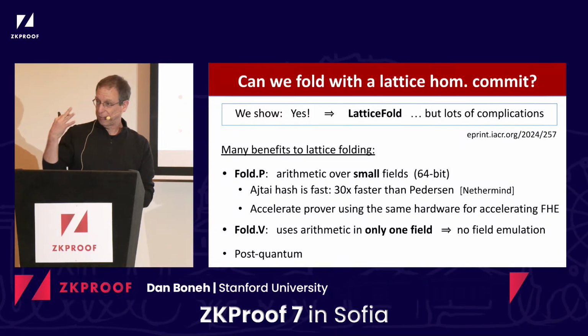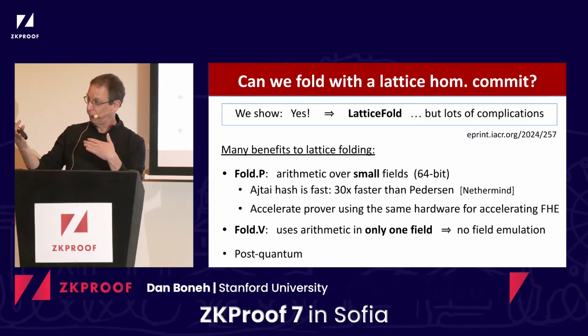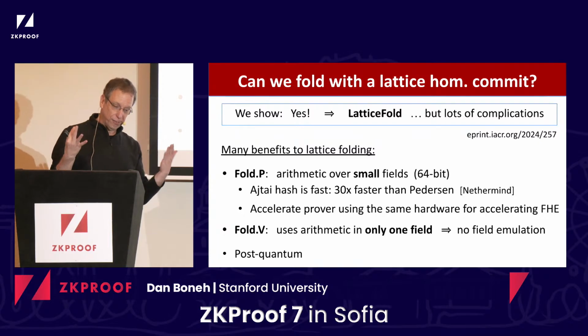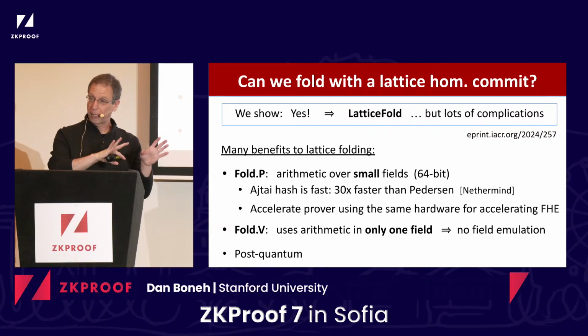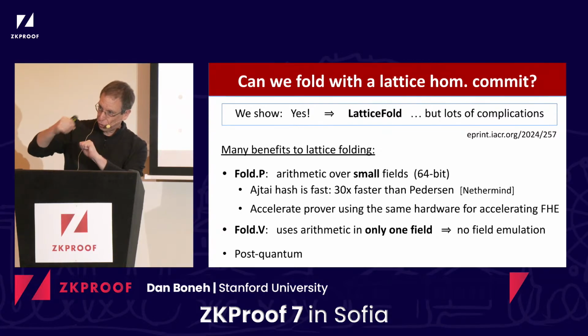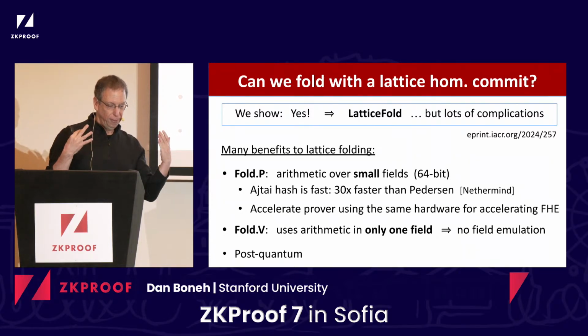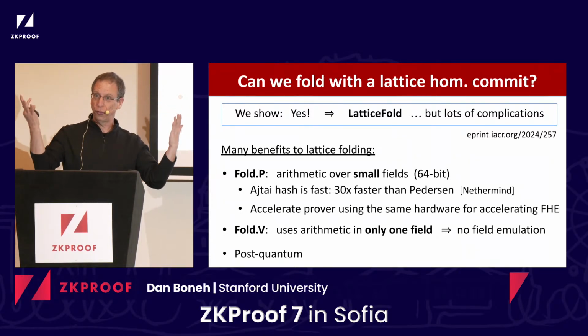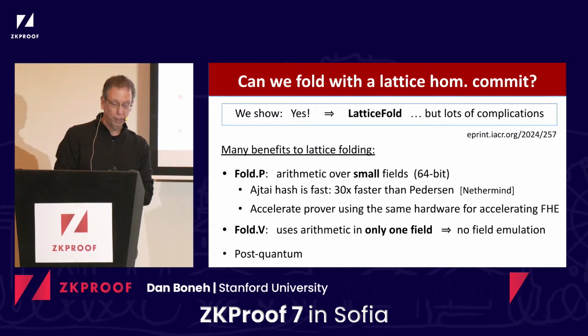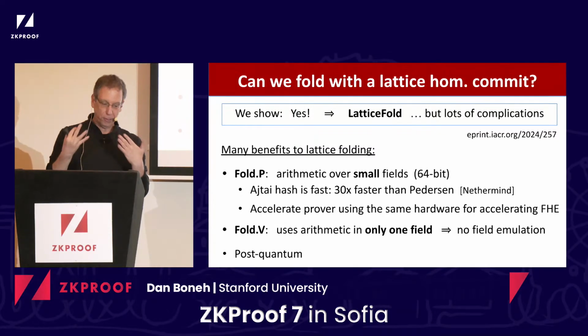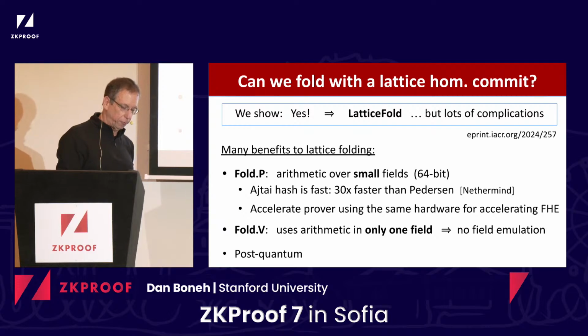Unfortunately, it's not quite as good. A 30x speed up would be fantastic, but the minute you start doing Ajtai hashes, things get complicated, and the extra complications eat into this 30x potential. So the dream is that we would get a 30x speed up in the folding prover, but the reality is we're not quite there because of all the extra complications that come from lattices.